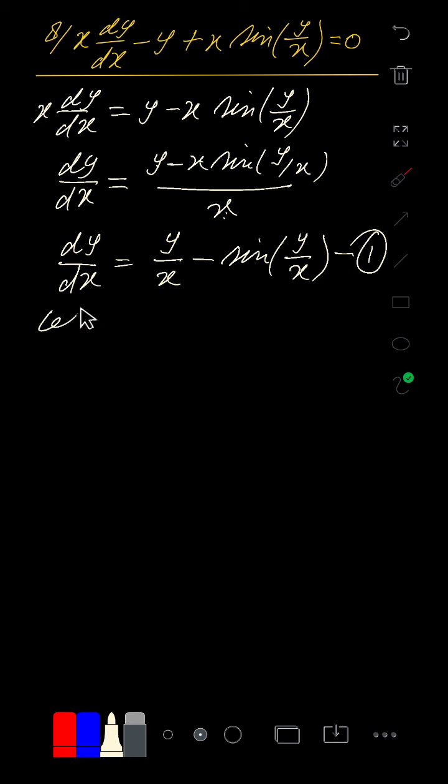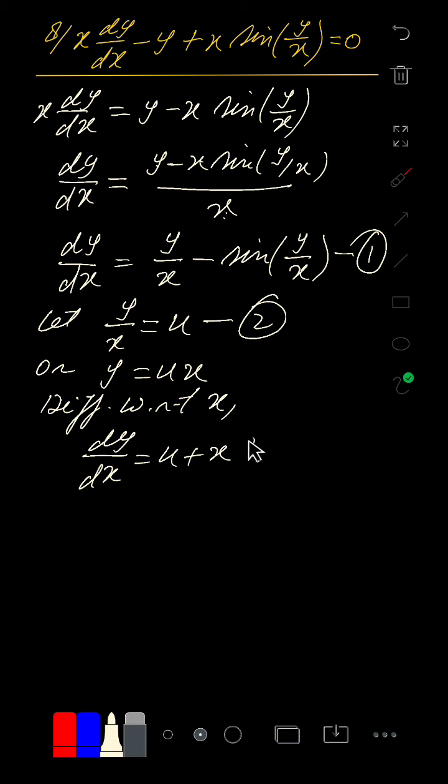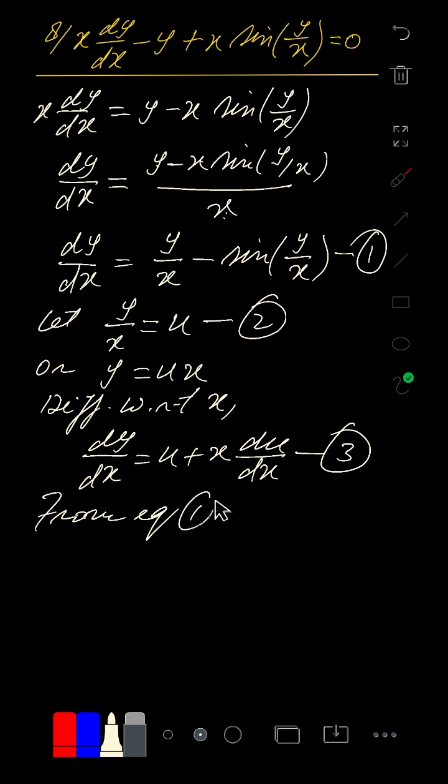And now let y upon x be u, or y is equal to ux. Differentiating with respect to x, dy upon dx is equal to u plus x du upon dx, equation number 3.